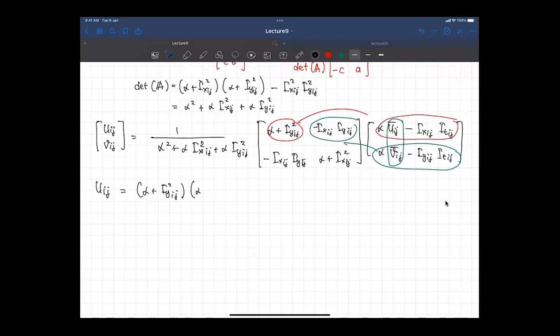So alpha u average ij minus Ixij Itij, minus Ixij Iyij multiplied by alpha v average ij minus Iyij Itij.